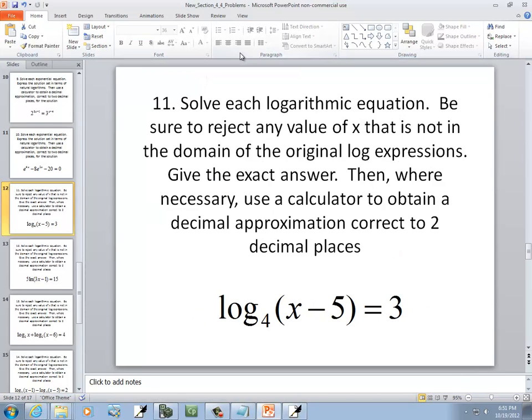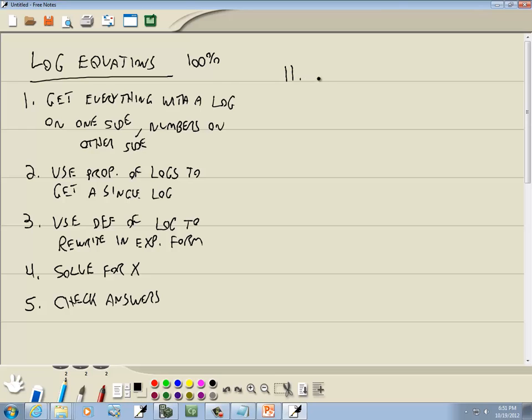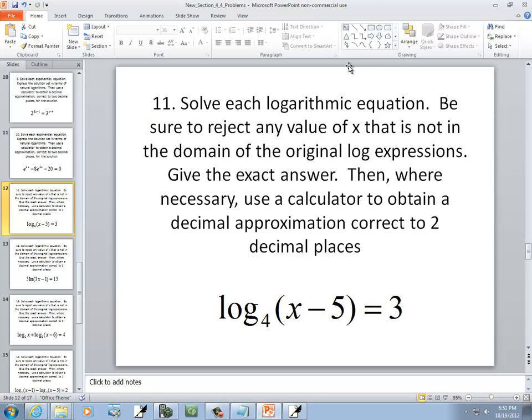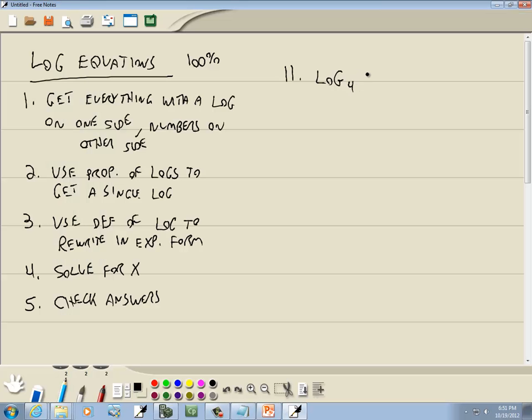Let's look at our first problem. We get log base 4 of x minus 5 is equal to 3. Now, first step, get everything with a log on one side, numbers on the other side. Well, everything with the logs on the left side and numbers on the right side.